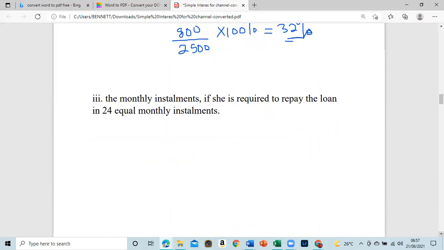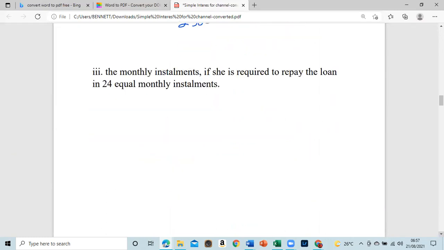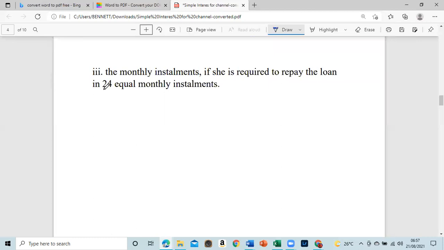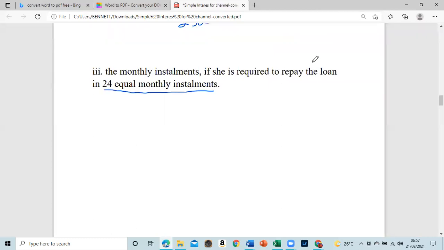All right, the monthly installment. If you are required to pay the loan in 24 equal monthly installments. Again, the total she is going to repay is 3,300.